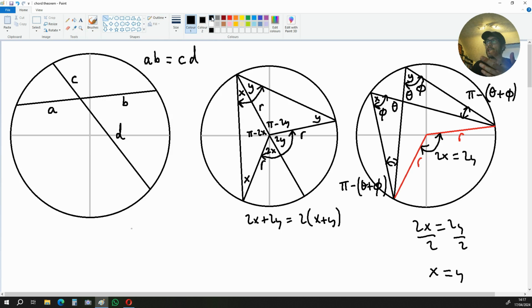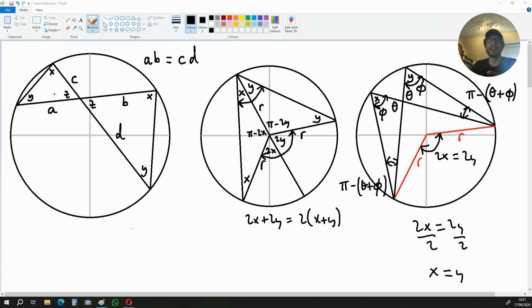Now let's go back to this diagram here on the left. What I'm going to do is put a line over here like this, and I'm going to put a line over here like this, and we form a triangle to the left and a triangle to the right. Now, if we add some angles to these triangles, we're going to be able to come up with our proof, AB is equal to CD.